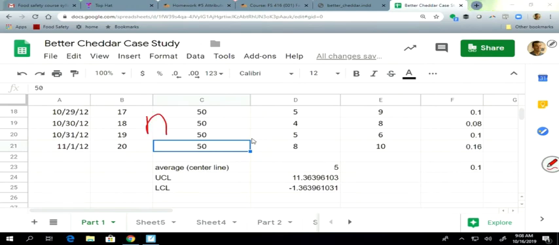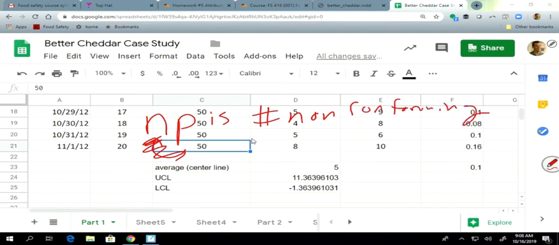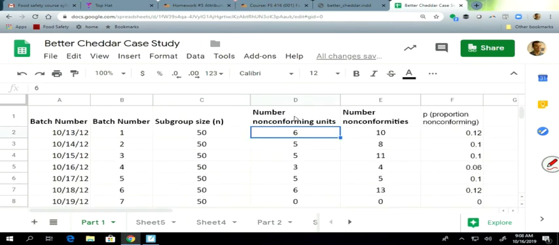When you're doing NP, do not put 50 where N is, because NP is number non-conforming. Sometimes people make that mistake. Does that make sense? Because each one of these, like this is NP1, NP2, NP3, NP4.